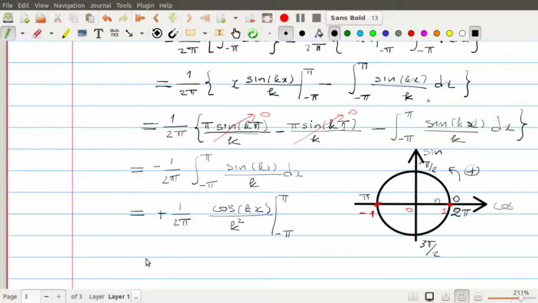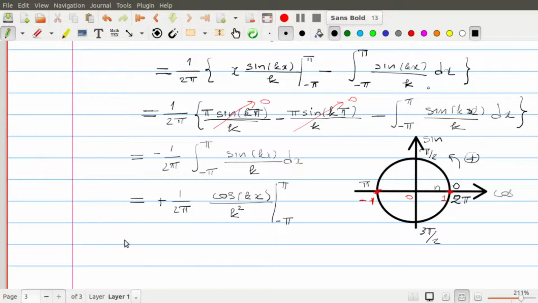So in other words, this will give us 1 by 2 pi k square, the order does not matter.